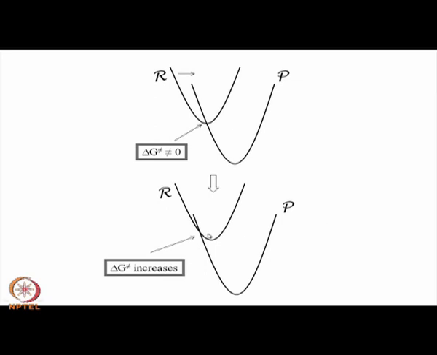Delta G double dagger relates to the barrier height. Okay. So, this region corresponds to where you again have delta G double dagger not equal to 0, but electron transfer rate is reduced. So, this region is called your Marcus inverted region.